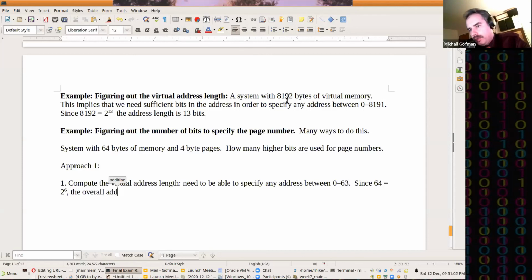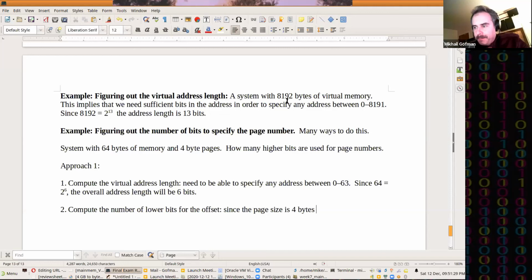The overall address length will be 6 bits, okay? Then the second thing is compute the number of lower bits for the offset. Since the page size is 4 bytes, we need to be able to specify any offset in the range of 0 to 3.